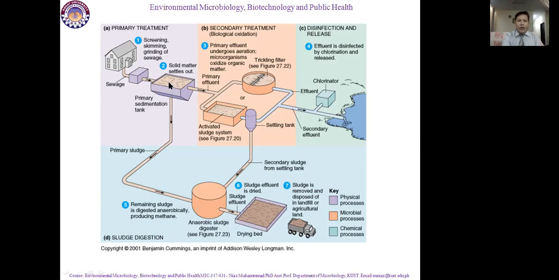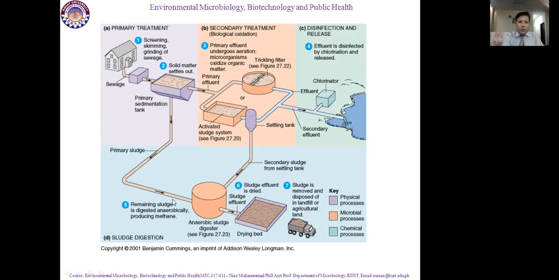So what is going on? The water from the surface goes to this tank which contains all the soluble material, and the non-soluble material is transferred towards this tank, the primary sedimentation tank.